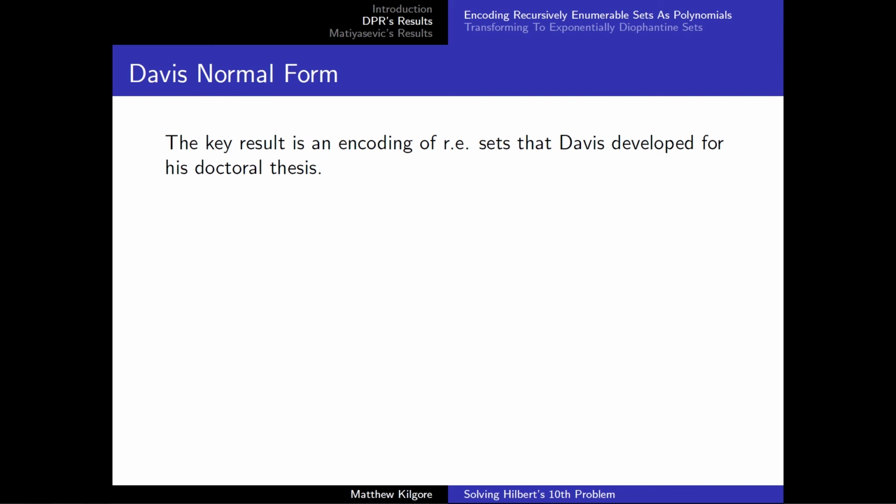The encoding that we're referring to for recursively enumerable sets is called Davis normal form. This encoding was developed for Davis's doctoral thesis. It reads as follows.